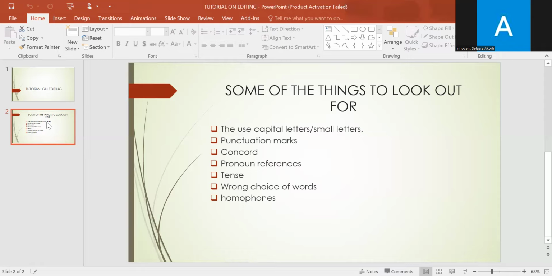Then the use of capital letters and small letters. Sometimes just in the middle of a passage, you see a capital letter which begins a word, but you know that word is not a proper noun or any special noun. So it means that that particular capital letter is not well placed.